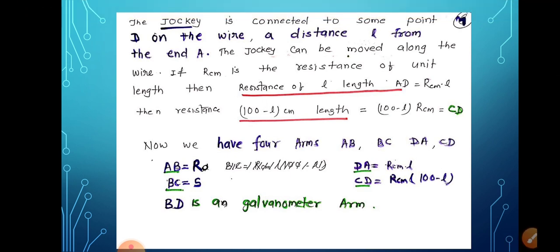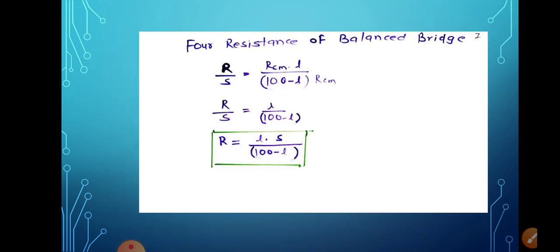So we can take the ratio R by S equal to r cm into L upon 100 minus L into r cm, and then r cm will cancel. R by S equal to L upon 100 minus L. So R, the unknown resistance, can be determined using this, by measuring the length.